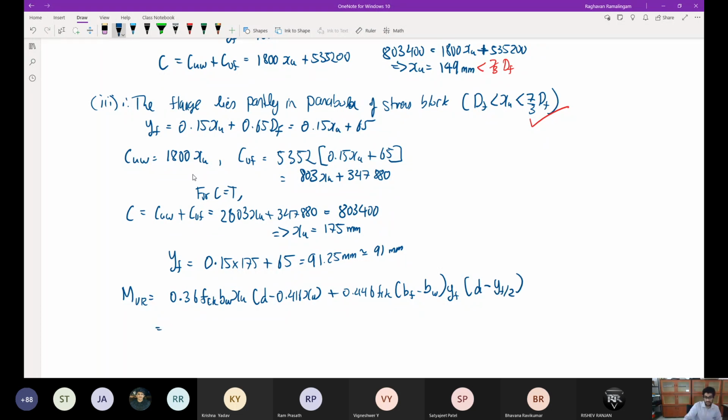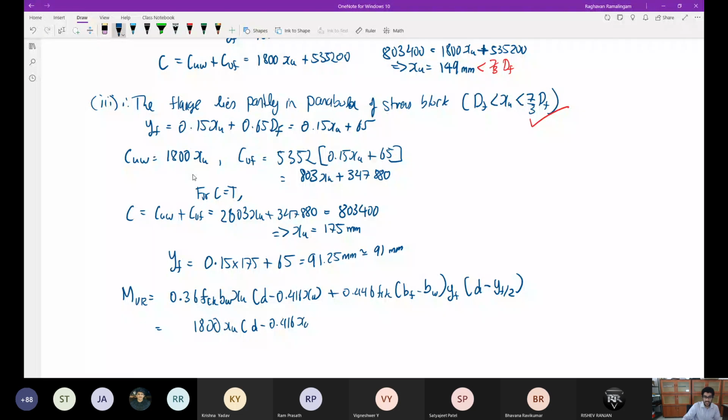Many of these things we have already found: this whole part is nothing but 1800 XU into D minus 0.416 XU.